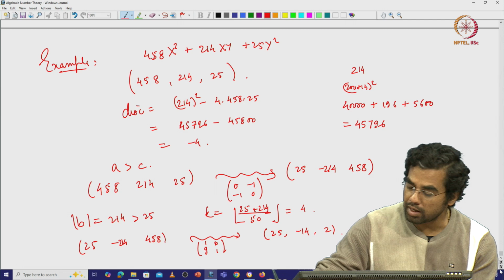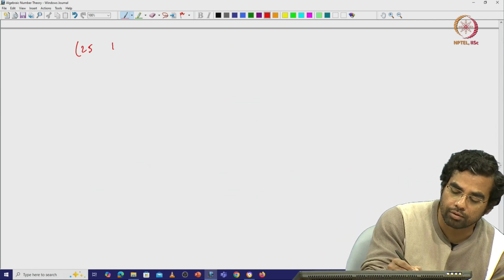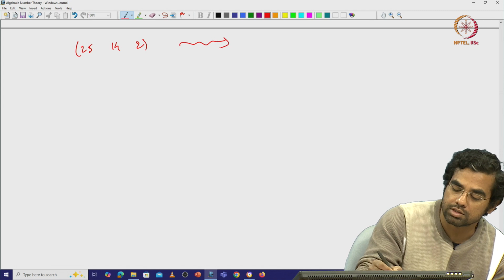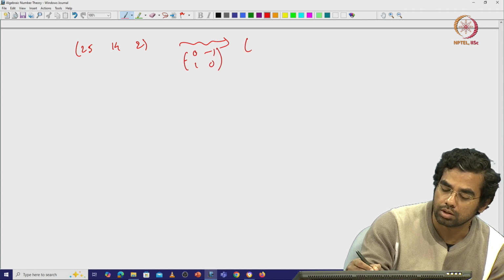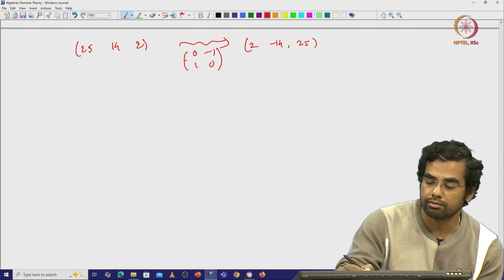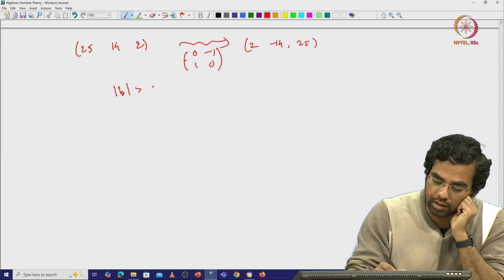Okay. So, again I can apply this. So, 25, minus 14, 2 is equivalent, using 0 minus 1, 1, 0, to 2, 14, 25. So, again mod b is bigger than 2.